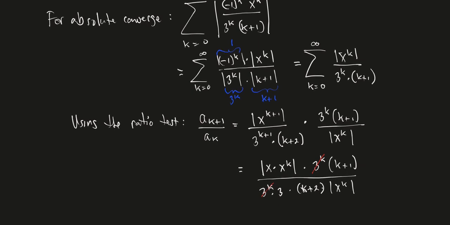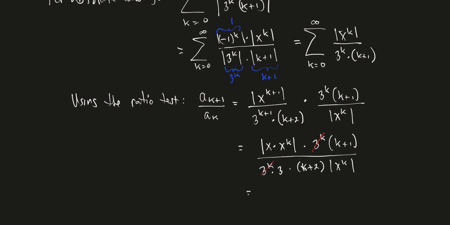Now, using another property of absolute values and exponents, you get the absolute value of x times the absolute value of x to the k, and then we're left with the quantity k plus 1. And then in the denominator, we have 3 times the quantity k plus 2, and then we have the absolute value of x to the k. So something else cancels out, right?